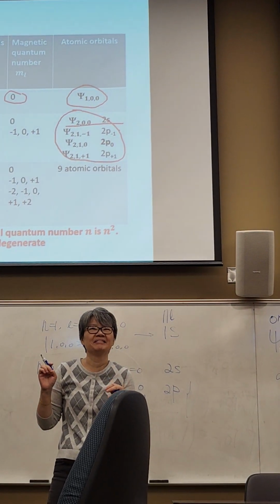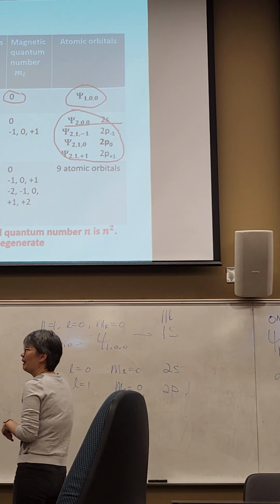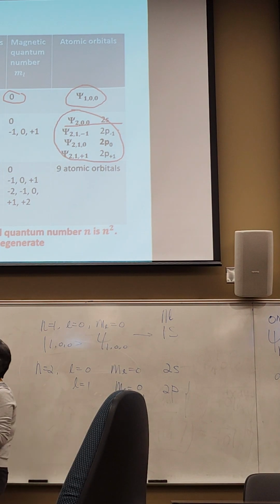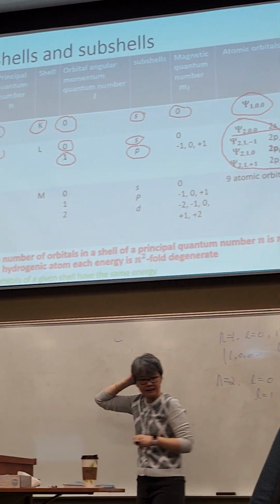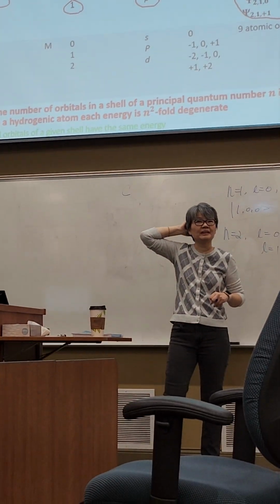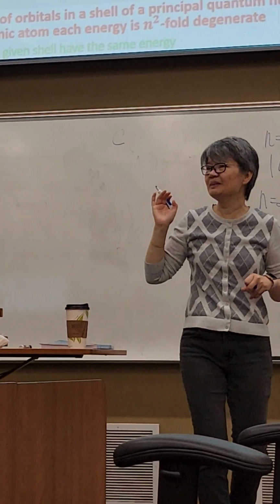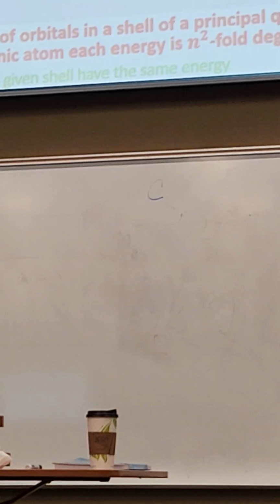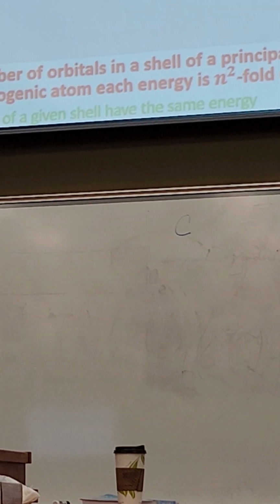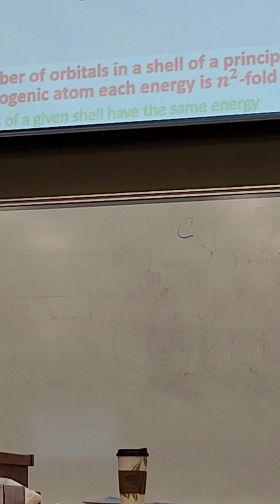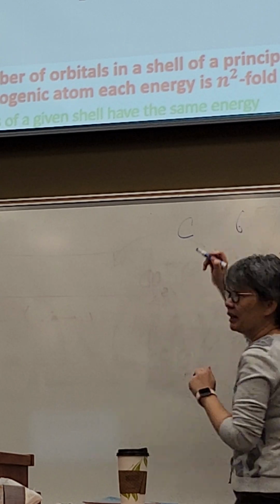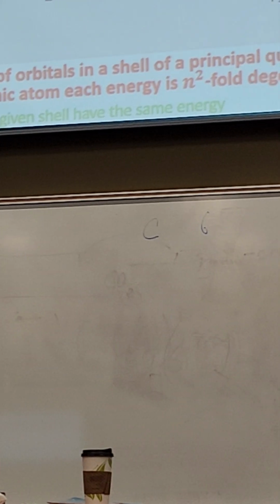Now, carbon has how many electrons? 6. We may have 4 valence electrons, but total number of electrons? 6 electrons. 4 valence electrons, so you are correct in that perspective.